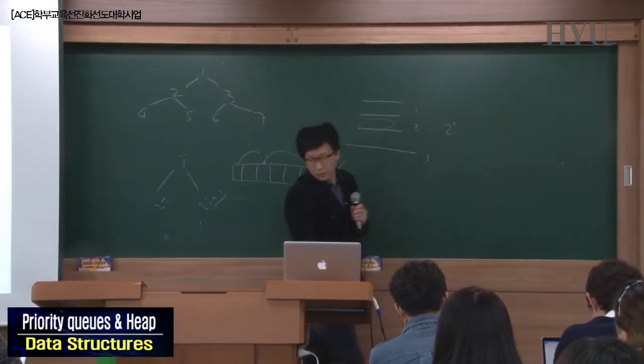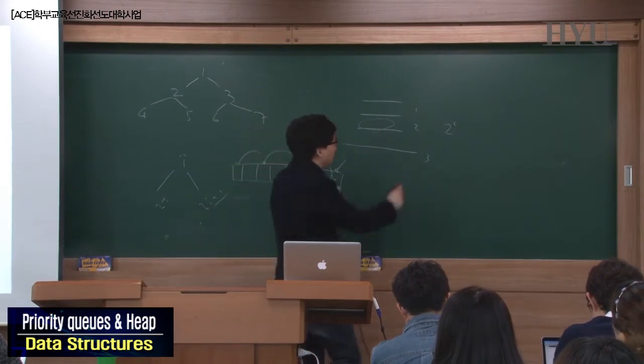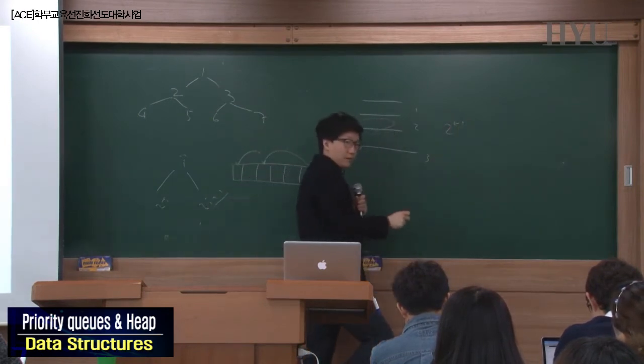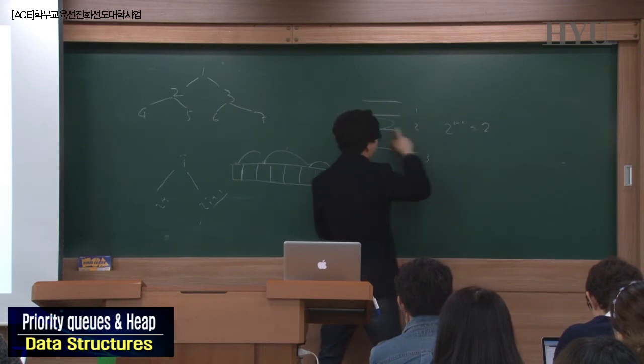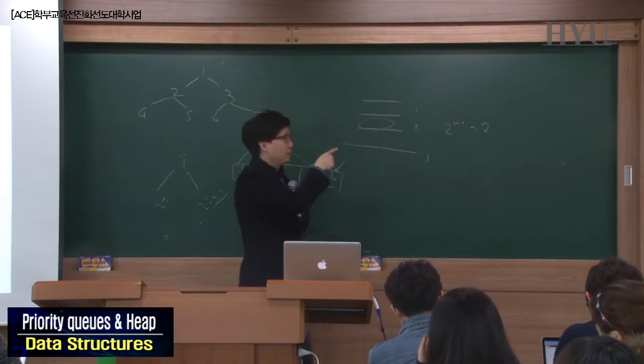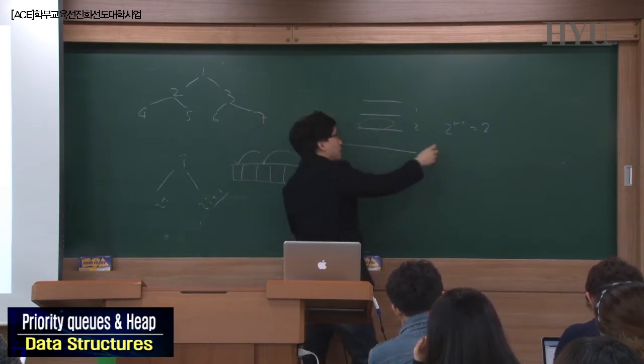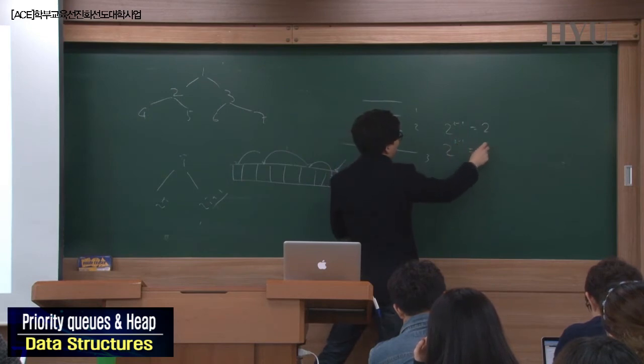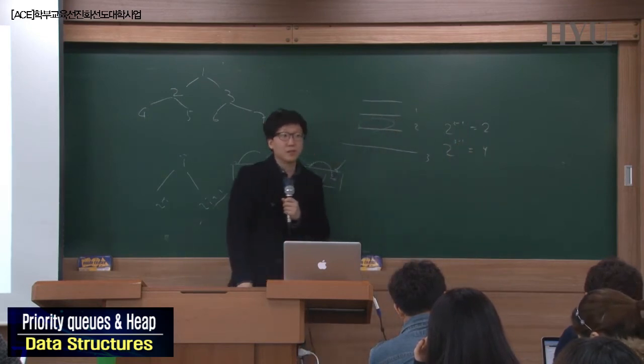Is that right? 2 to the j. The number of nodes in this level is 2 to the 3 minus 1, which is 4. Makes sense, right?